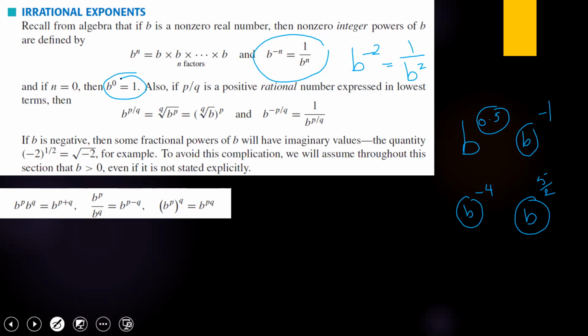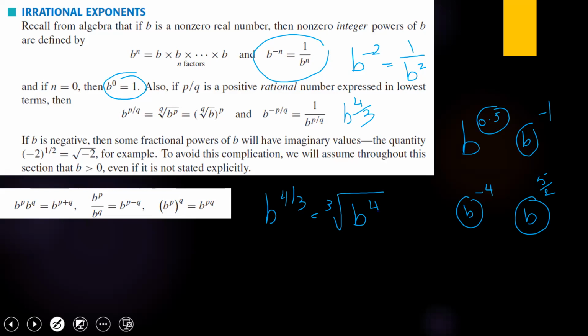And if we have now a rational exponent, like as an example, b to the power p over q, b to the power 4/3. What did we say? We say that it is the cube root of b to the power 4. That's what we talked about in grade 8.